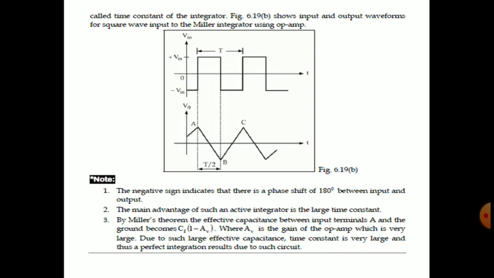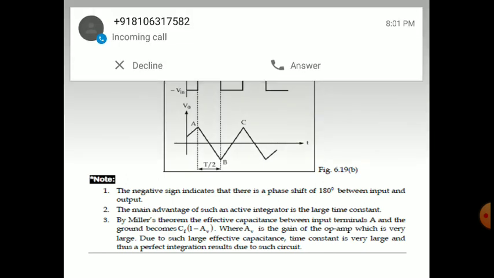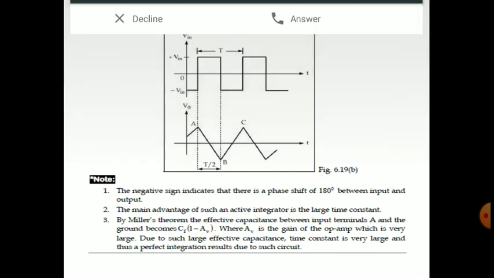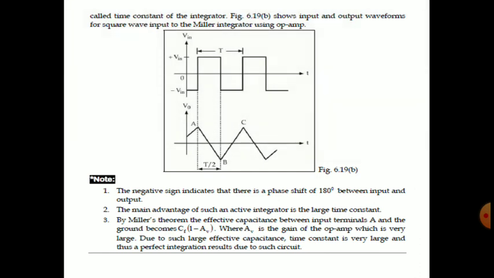The integral of these constants will be some ramps. Integral of these will be ramp voltages. By drawing all the ramps with slopes, some will have positive slope, some negative slope, and joining them, we will get a triangular wave. By repeating these, we get this perfect triangular wave with a time period following the time period of the square wave.